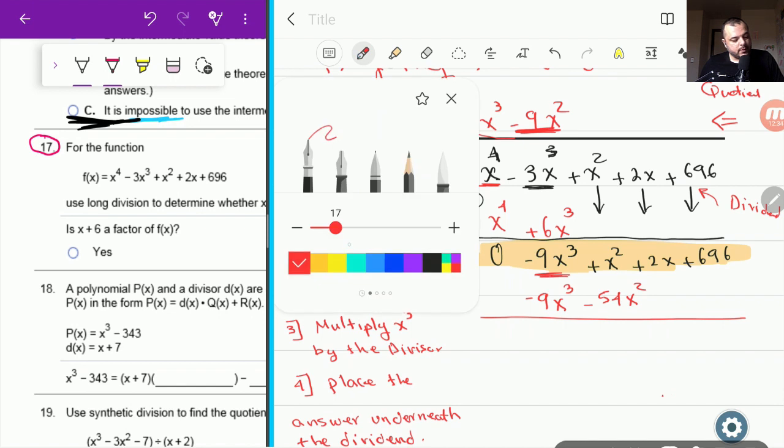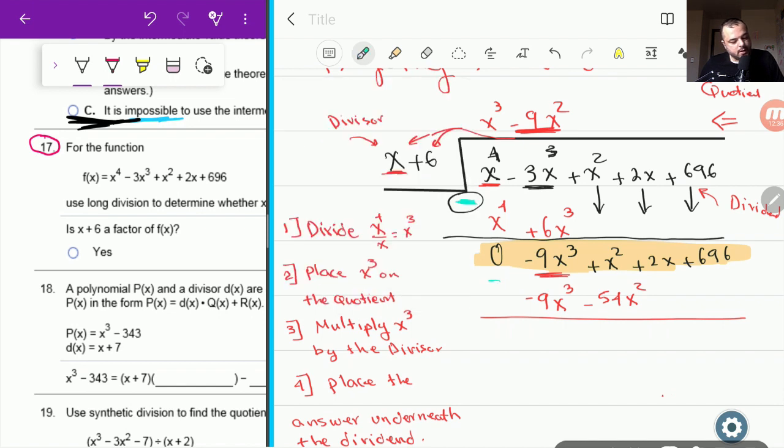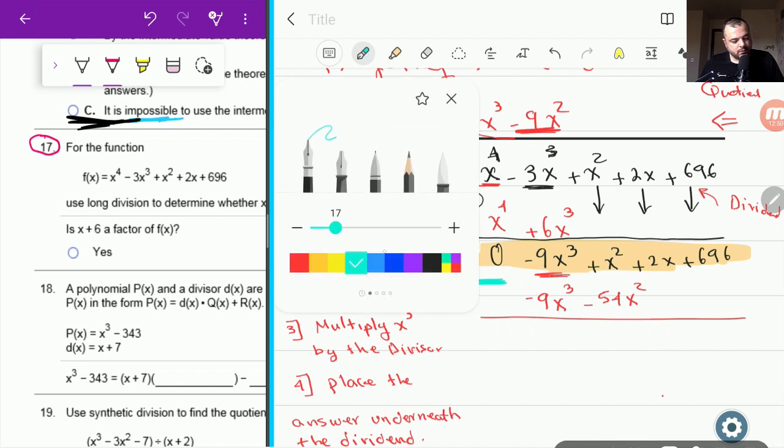Then we're going to subtract. Big minus here. Negative 9x cubed minus negative 9x cubed is 0. This is the whole idea.